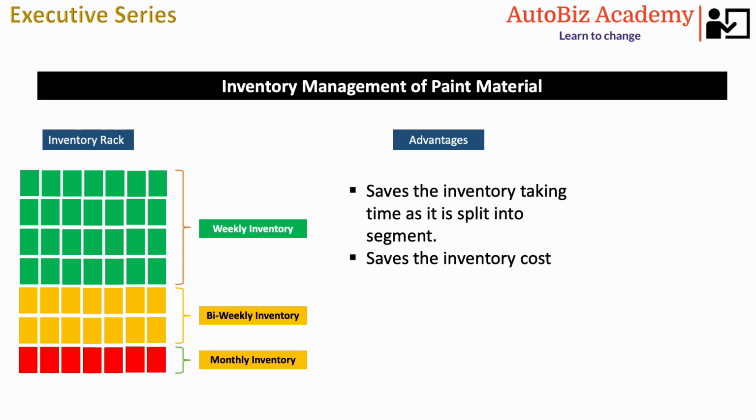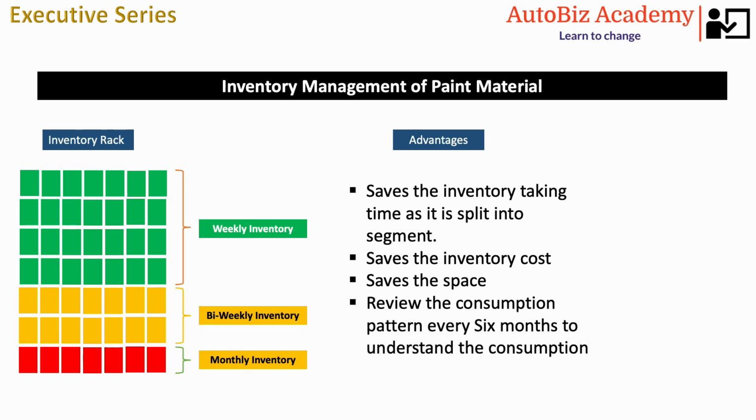It saves the inventory cost as we are not stocking all the toners or tinters or paint material for the entire month. We are only ordering weekly or bi-weekly inventory. So it saves the inventory cost. It saves space. We are not unnecessarily stocking the paint material, which will definitely help you in saving space.